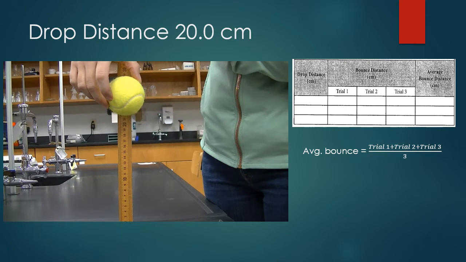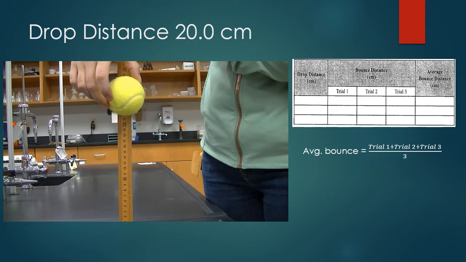So the first distance that we're going to be dropping the ball from is 20 centimeters. And as you can see from the video here, I'm dropping it from a little higher than 20. It's around the 21 centimeter mark for a lot of the trials that I'm doing here. Now this is just a source of error, and if you look at the questions in Lab 1 that you need to answer, one of the questions asks you to describe the possible sources of error in part 1 of this experiment.